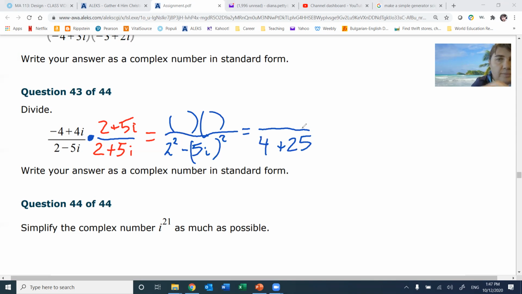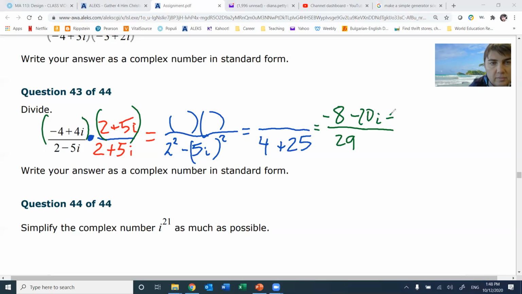Okay. So this is 29. So top is minus 8, minus 20, plus 8, plus 20i squared.